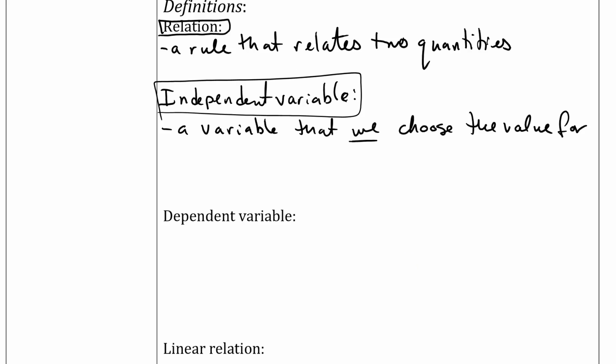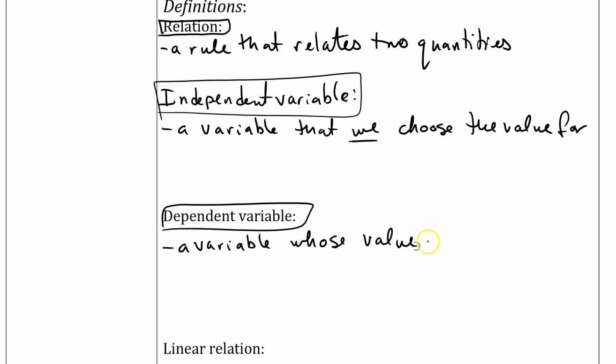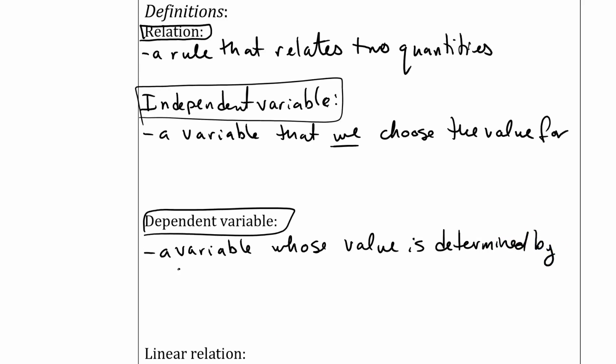Now, the dependent variable is the other one. It's usually the y in the equation, and that's a value or a variable whose value is determined by the independent variable.